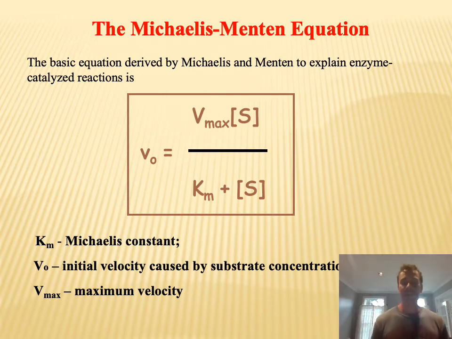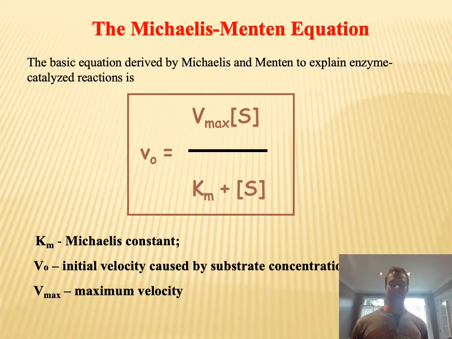So the basic equation to describe this reaction that's derived by Michaelis and Menten is the V0, or initial velocity, at a particular substrate concentration S, is equal to the Vmax, or the maximal velocity on that saturation curve, times the substrate concentration over the concentration of substrate plus Km, or this Michaelis constant.